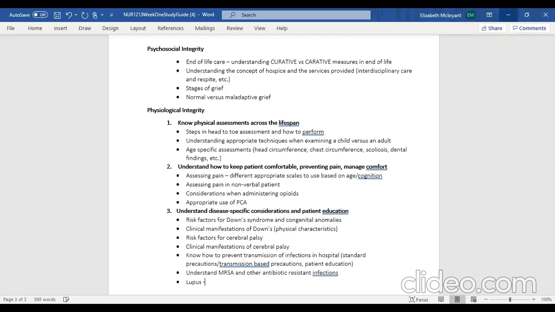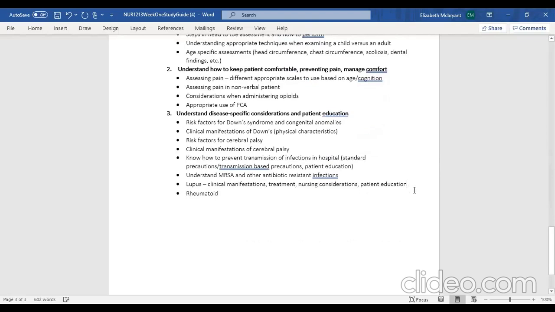You're going to need to know about lupus, clinical manifestations, all that, treatment, nursing considerations, and patient education. That's going to be the same for rheumatoid arthritis. You also need to know referrals.